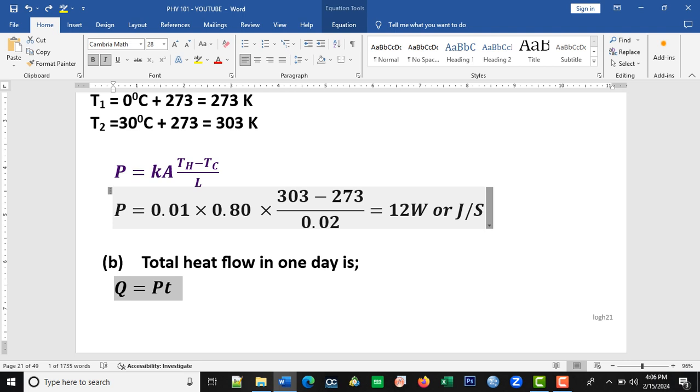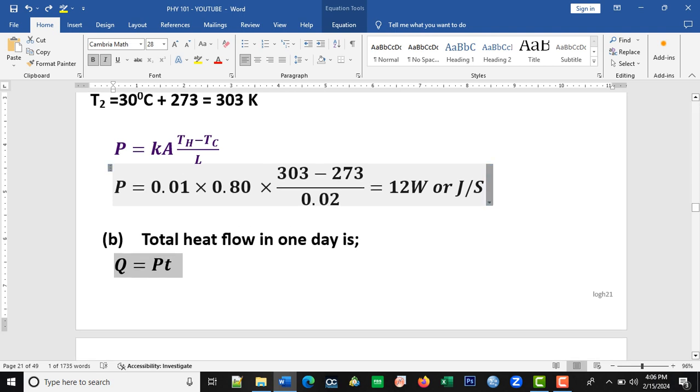And of course 60 seconds make 1 minute, 60 minutes makes 1 hour, and if we multiply that again by 24 gives us the time in 1 day. So we already have the rate of heat flow here, which is P, and that is how we are going to get the T. See what I mean?